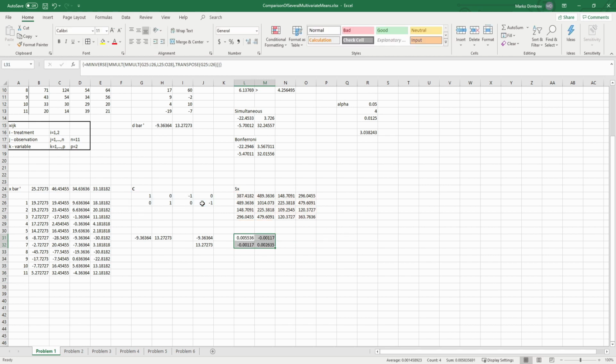This is our middle term, our inverse, and now we can compute T squared.